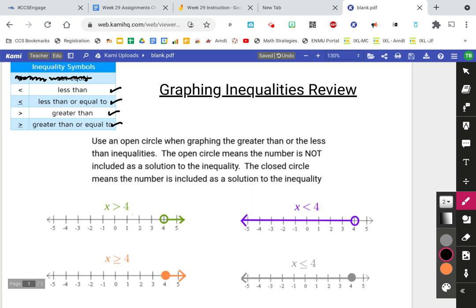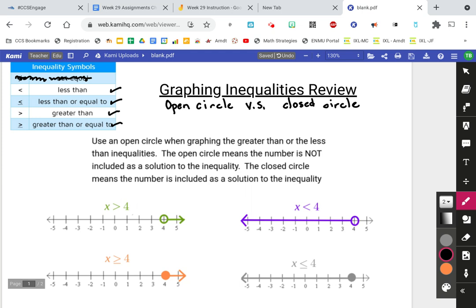Okay, so we learned last week that when we are graphing inequalities, we have to know when to use an open circle versus a closed circle. An open circle is just a circle that has not been painted in, like a hollow circle.